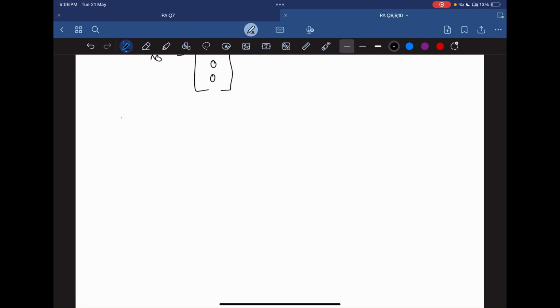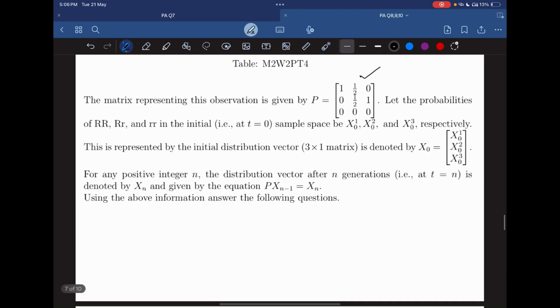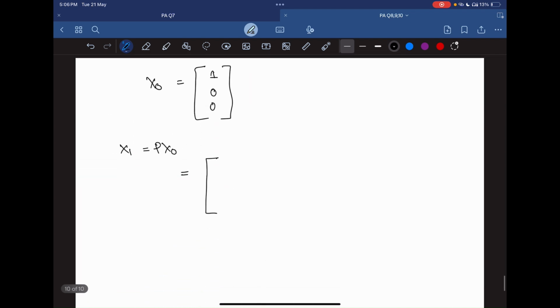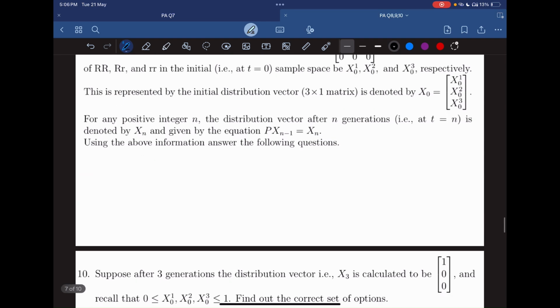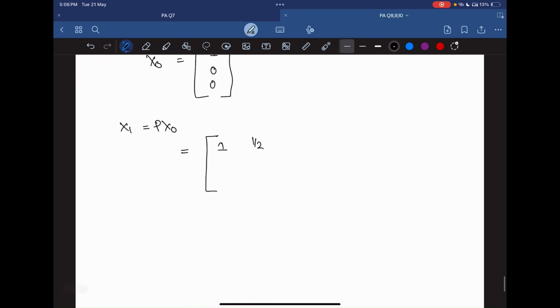So let's try finding x1, that is equal to P x naught. So our P matrix was 1, 1/2, 0; 0, 1/2, 1; 0, 0, 0.